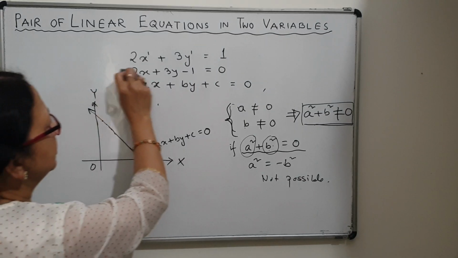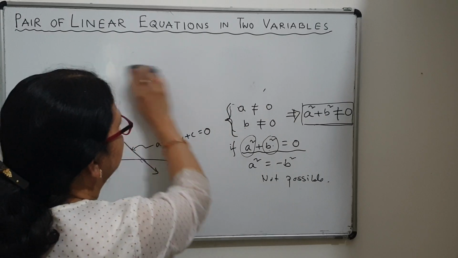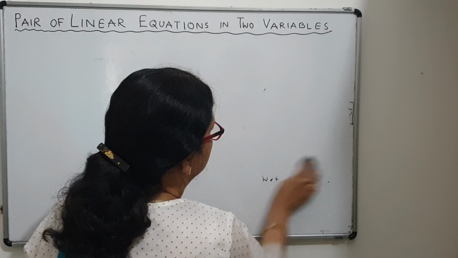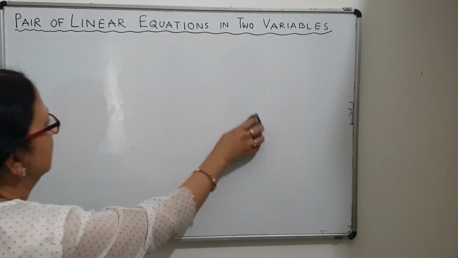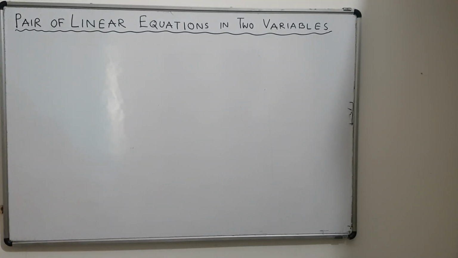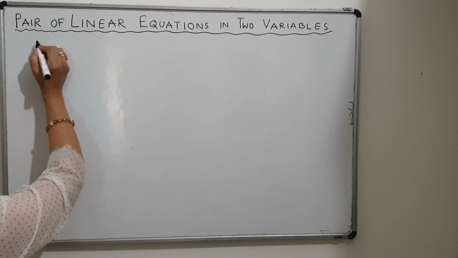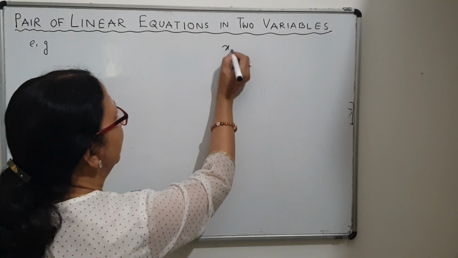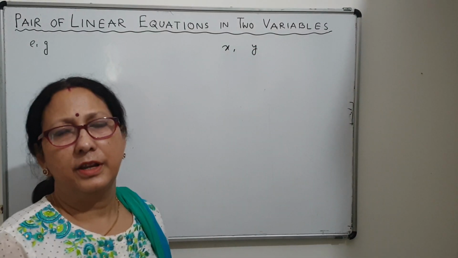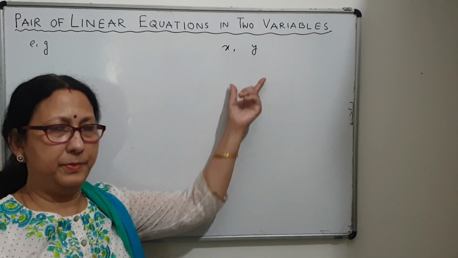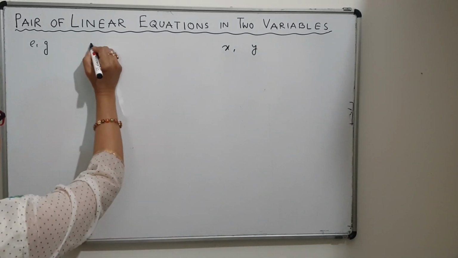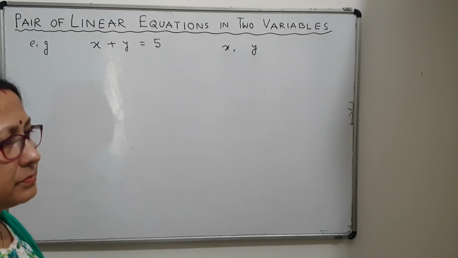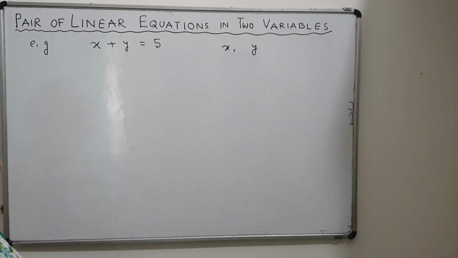Now let me take an example, it will be better. Suppose you have two variables x and y. Let me take them as two numbers such that their sum is 5.